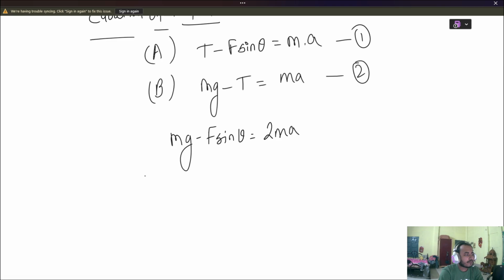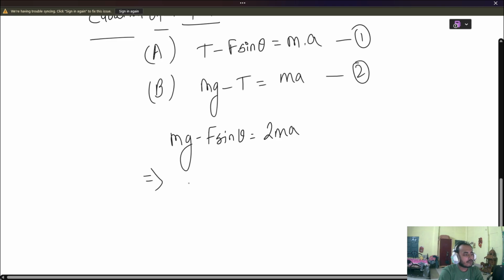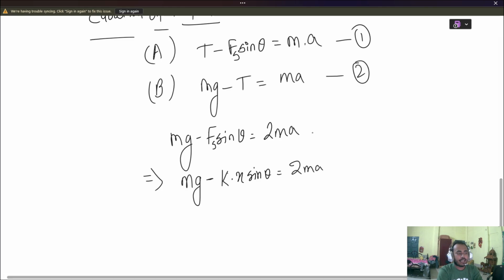Okay. So let's write this down. So mg minus F sine theta. So mg minus F is simply, as I said, F is the force on the spring. So let's call it Fs actually. That's more suitable. So this is basically k into x sine theta equals 2ma. Okay. Now we need to find out what is the value of a.